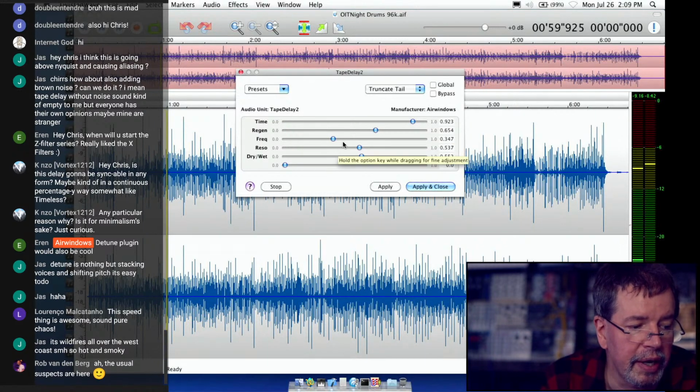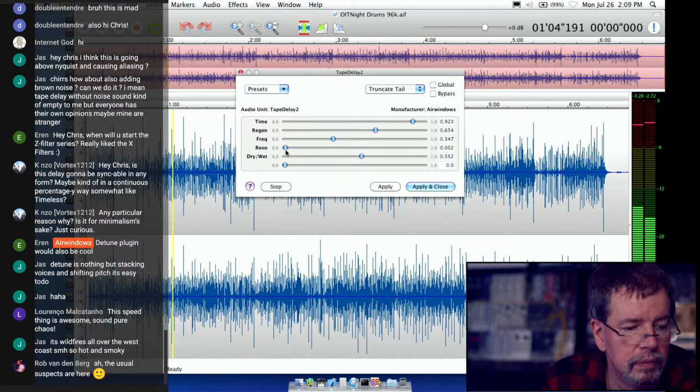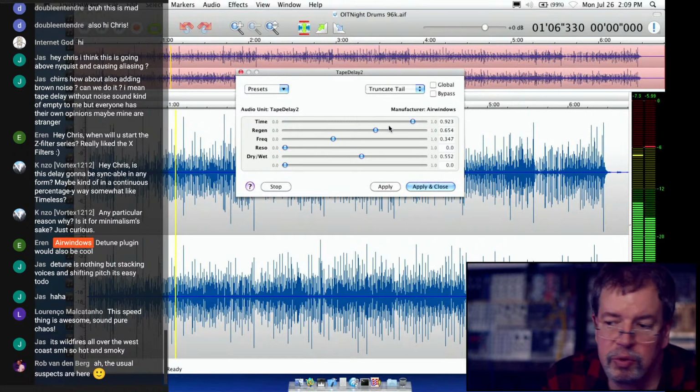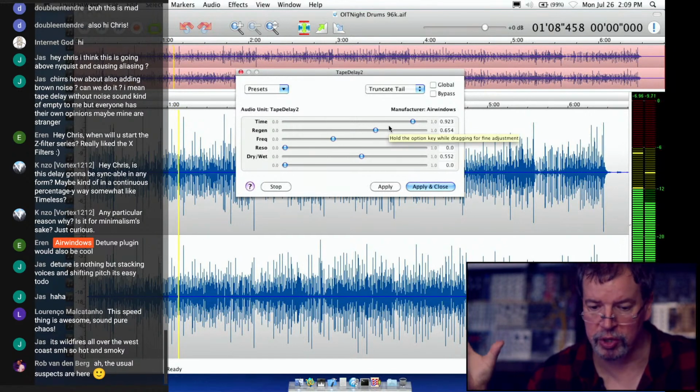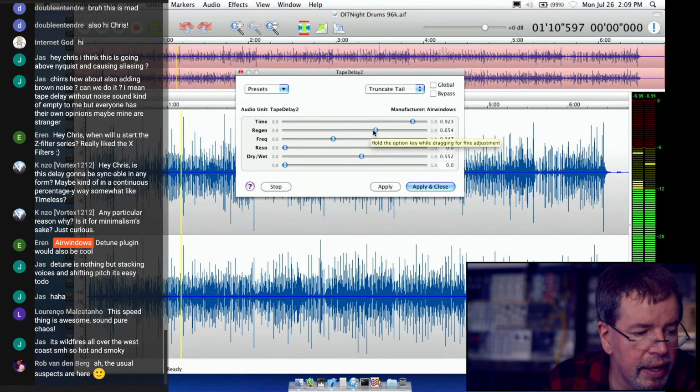Nice kind of rockabilly echo. And at zero resonance, we have a nice full range, but it's still restricting in the ring edges a little bit.